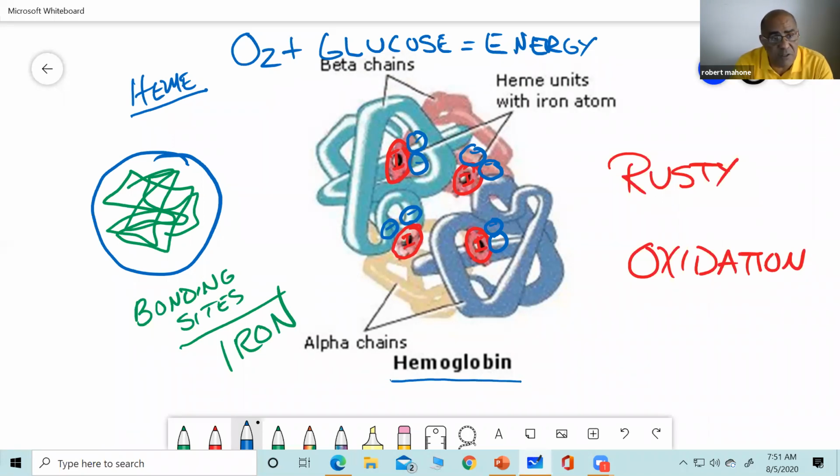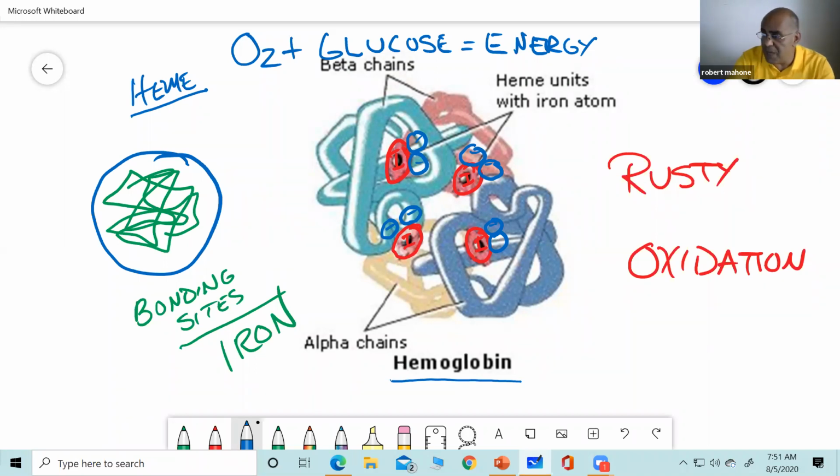Anything that has oxygen bound to it takes on the term globin, like in our muscle cells. See, when the red cell delivers the oxygen to my muscles, I don't need it right now because I'm just sitting here. So it's going to be stored in the muscles until I do. So if somebody yells fire, I can get up and run out of here. I've got oxygen in there.